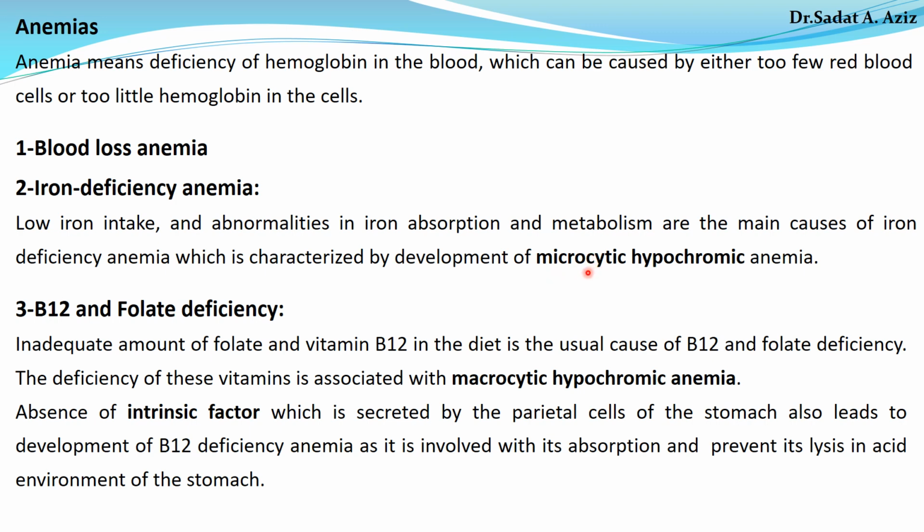Look, in the case of iron deficiency anemia, what we said is microcytic hypochromic. But here, what we have is macrocytic. So it means the red blood cells might have a larger size in comparison to the normal cells, but with traces or a small amount of hemoglobin.